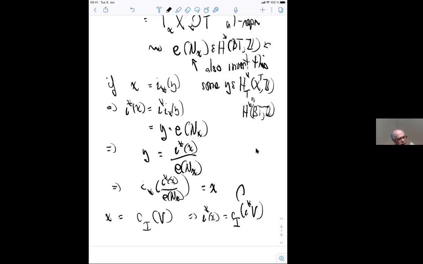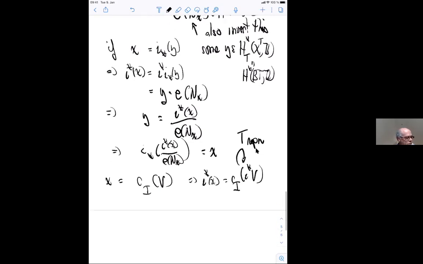But this is now just a T representation. So you just need to know the formula for the Chern classes of T representations to calculate the Chern class of your equivariant bundle. So that's how you use this thing.